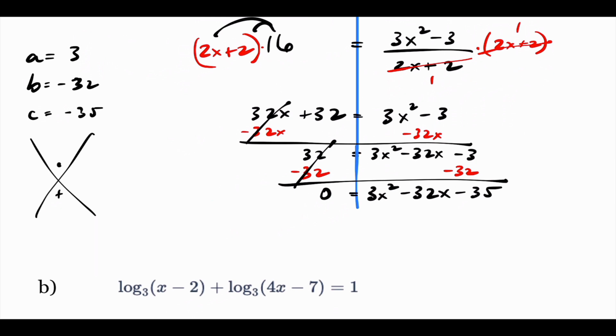So we go A times C. So 3 times negative 35, negative 105. B goes at the bottom. Okay, so now we're coming up with the two numbers that multiply to be negative 105 and add up to be negative 32.